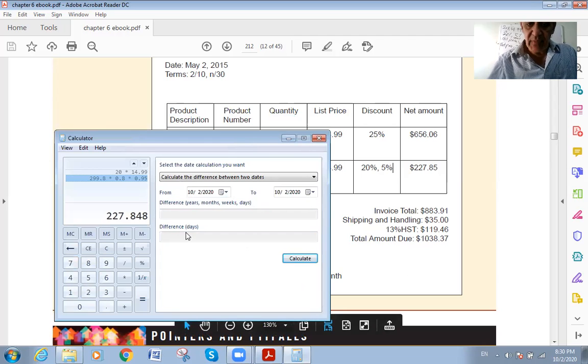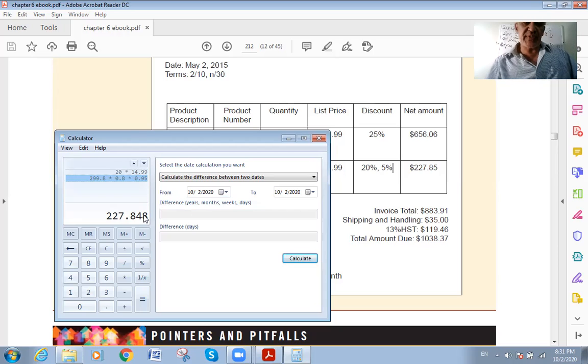Here it's 227.848, here it's 227.85. He took only two decimals and rounded the 4 into 5 because 8 is more than 5, and he neglected the third decimal. It's called rounding.